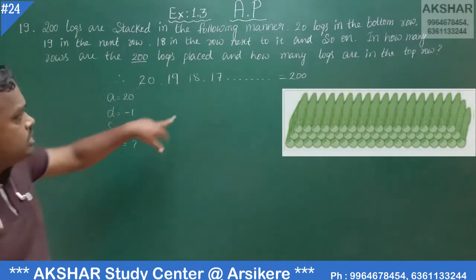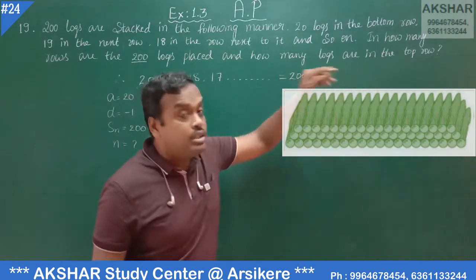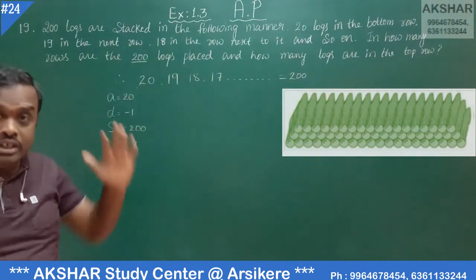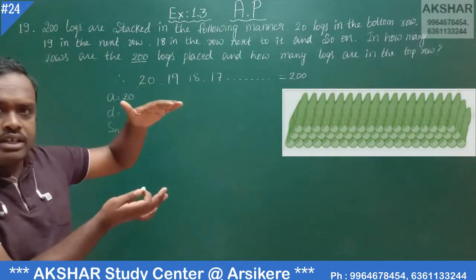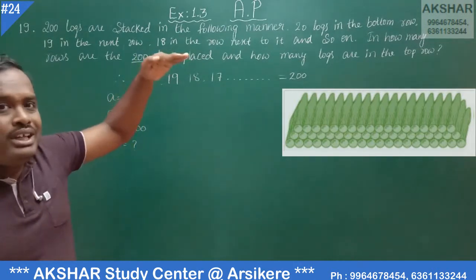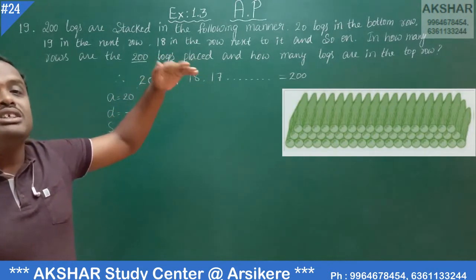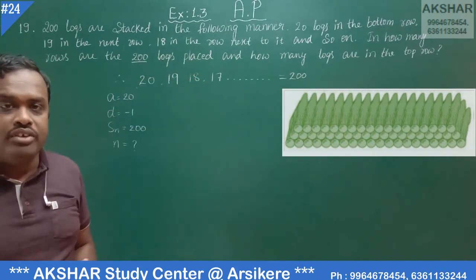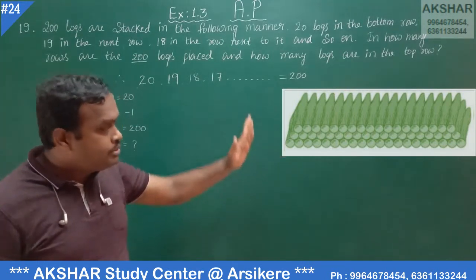Okay. And one more thing we need to find here, and how many logs are in the top row. That means, children, if we arrange these 200 logs in such a manner, one row will be the top. In the top row, how many logs can we place? They are asking. If we consider the bottom row as the first row, we are counting from bottom to top.